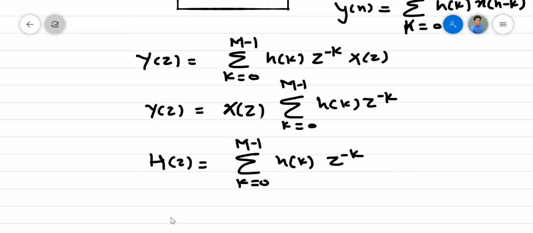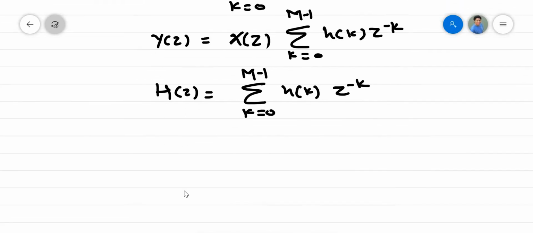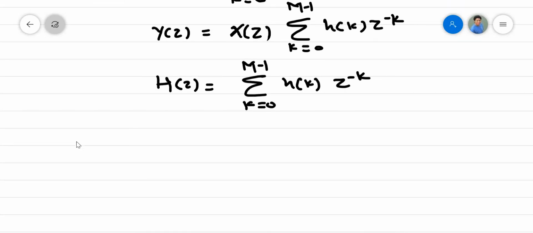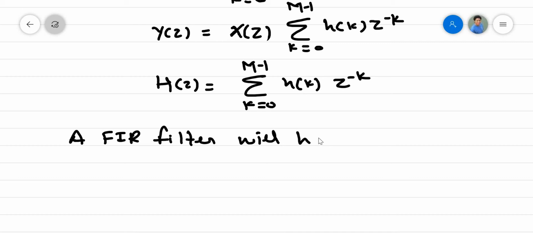Now an FIR filter will have a linear phase response.